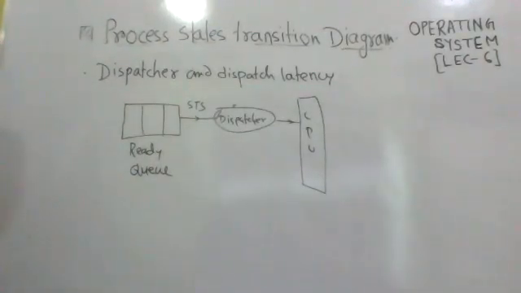Switching of the CPU from one process to another is called dispatch latency. So obviously this is an overhead. In our numerical problems, we ignore it every time, because dispatch latency is a very small amount of time.